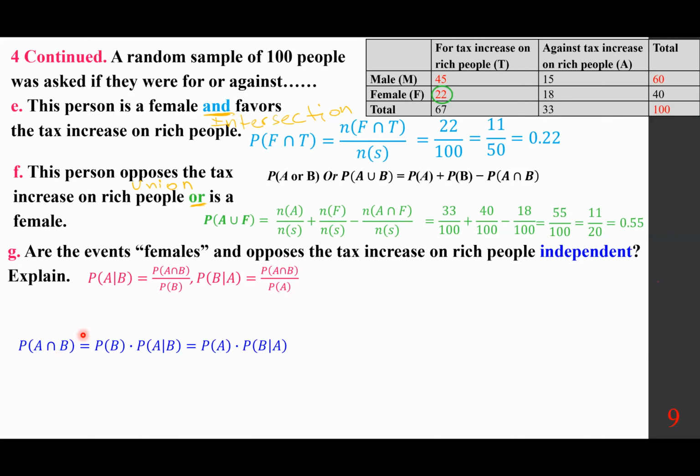Probability of A intersection B, therefore, is the product of these two, or these two. So we have these two expressions.